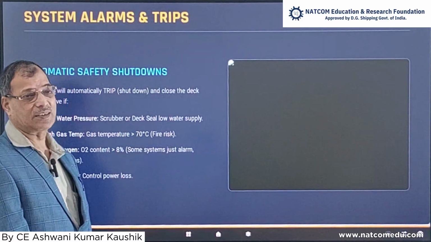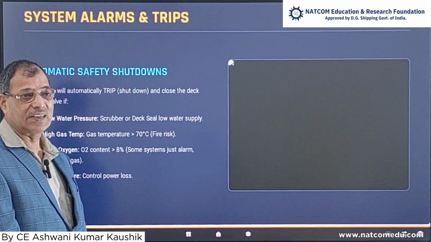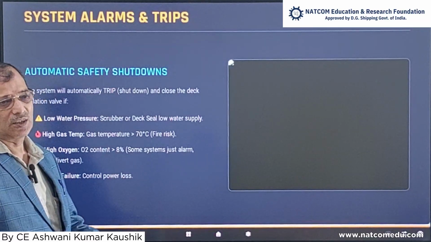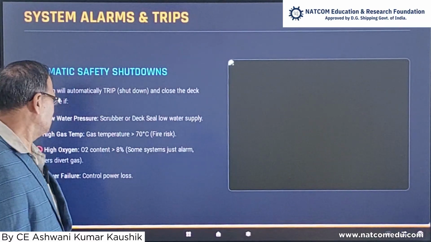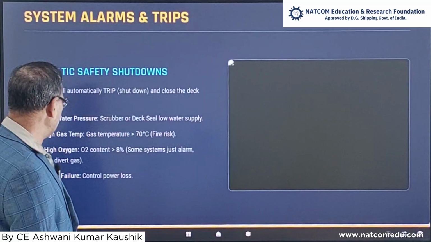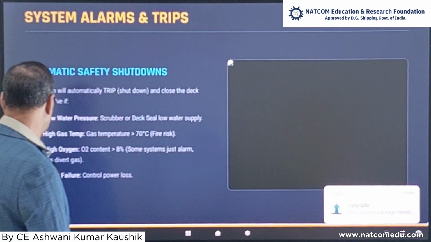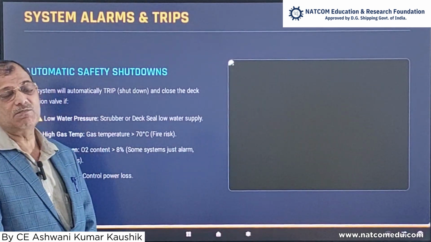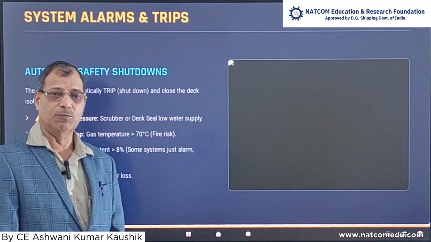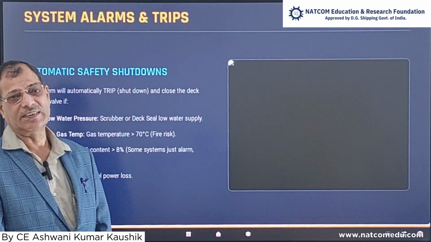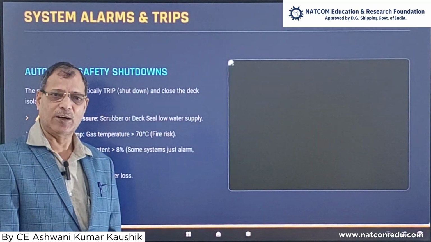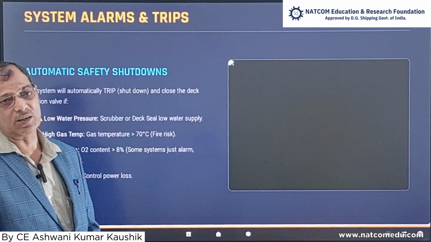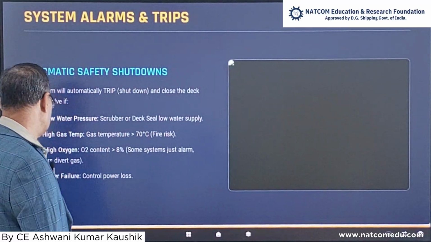That's why we set it to less than 70 degrees centigrade. If anything happens around or nearby, it will trip automatically. For high oxygen, with O2 content more than 8%, the system alarms and diverts the gas. Nowadays, if oxygen is more than 5% by volume, the atmospheric valve will automatically open, your cargo valve automatically closes, and it will divert the gas.